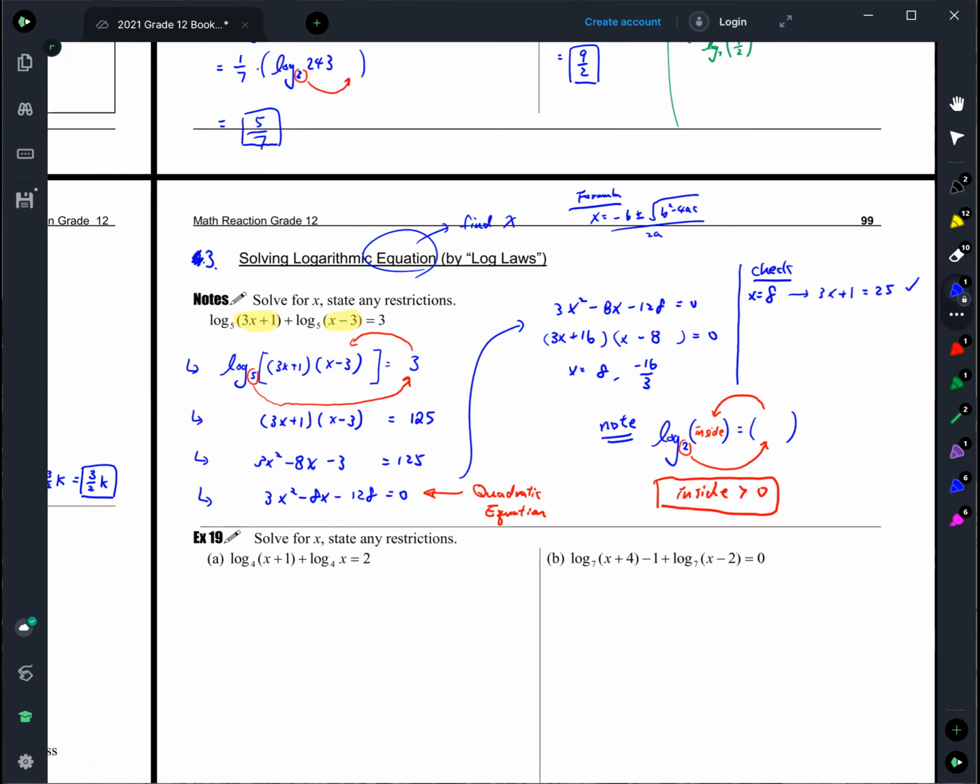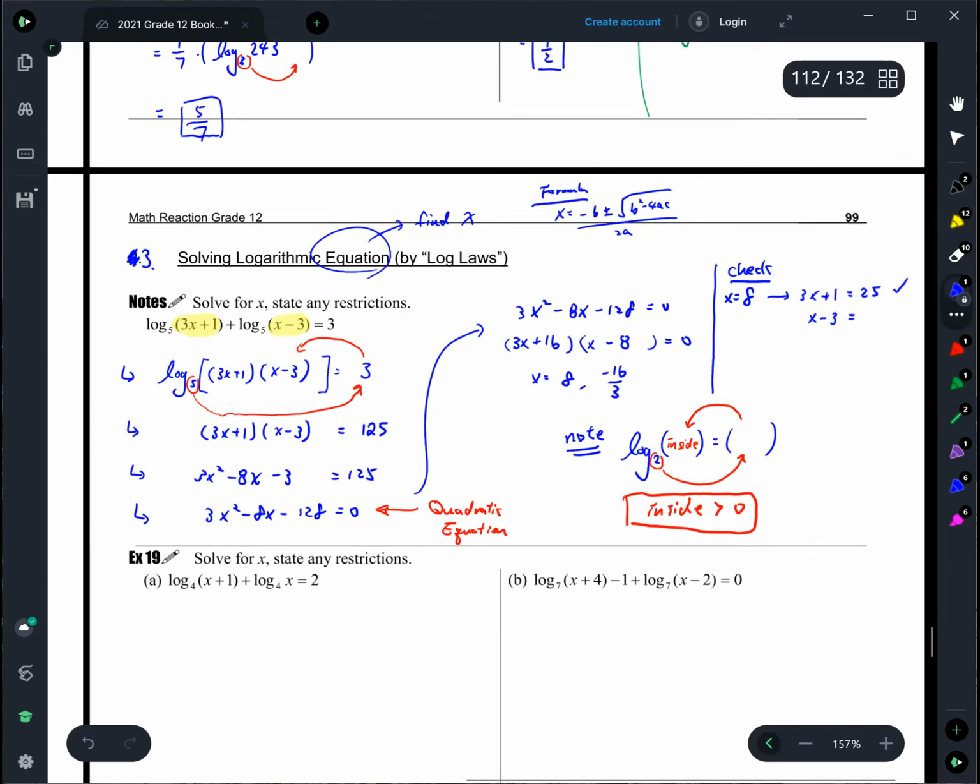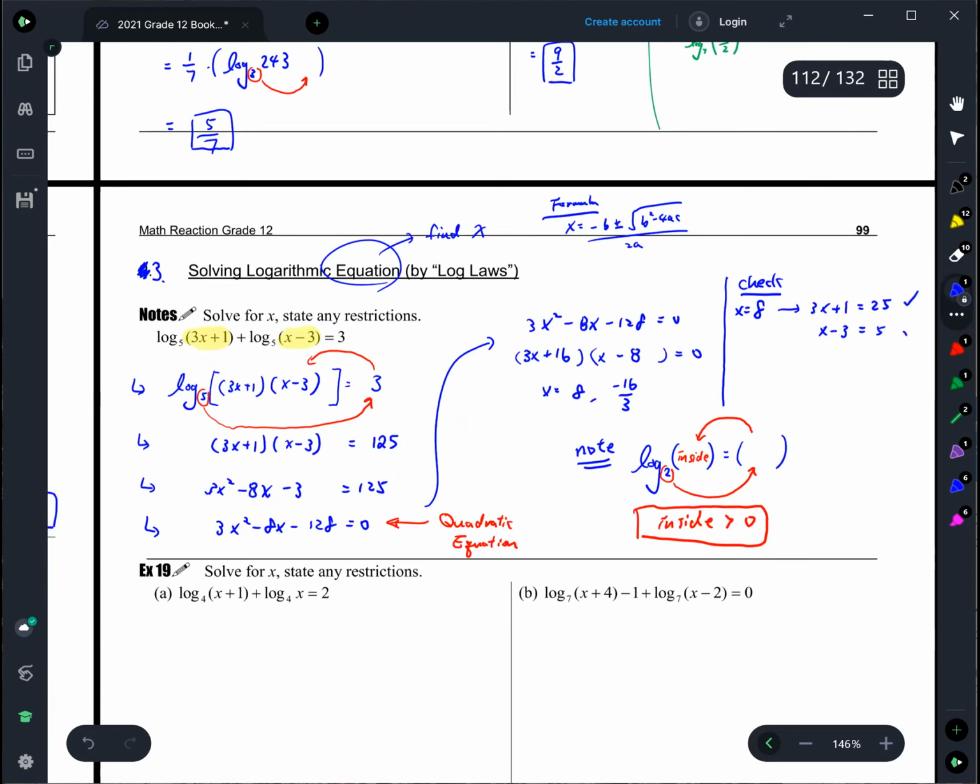And then for the other one, 8 minus 3, the second inside is 5, so that also works. So that means we can keep the 8. We keep it because it makes the inside positive.